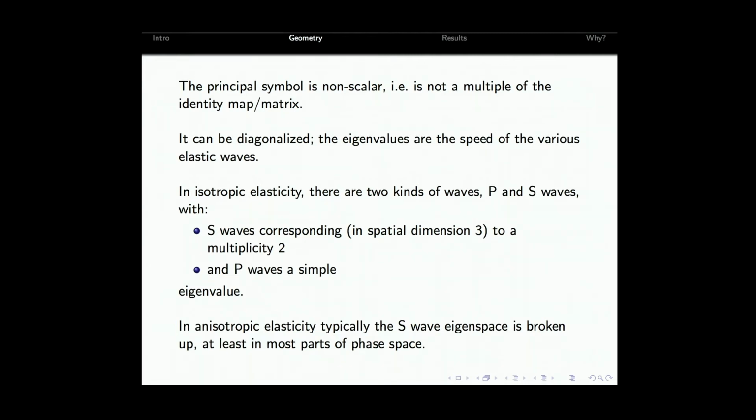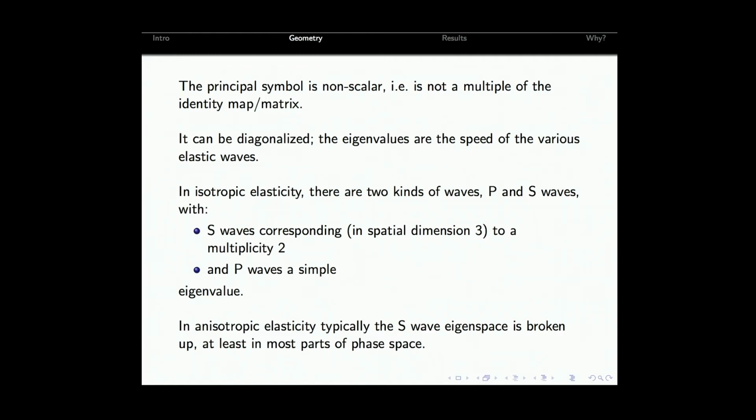Now, the nicest situation in elasticity is isotropic elasticity, in which case there are two kinds of waves. I apologize to all the earth scientists for whom all this is going to be really boring. Anyway, there are two kinds of waves: the P waves and the S waves. The P waves correspond to a simple eigenvalue, multiplicity 1.